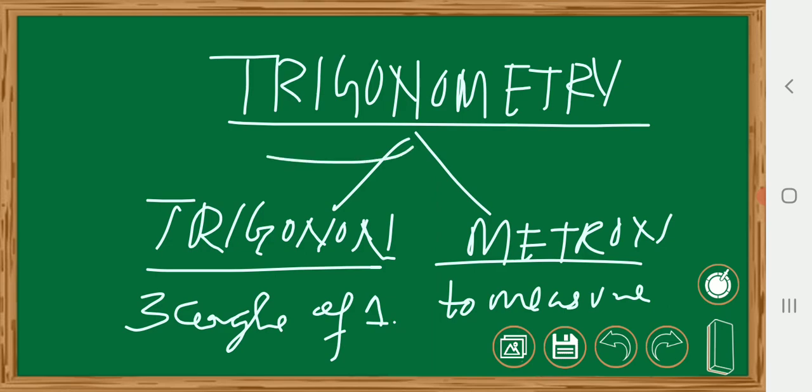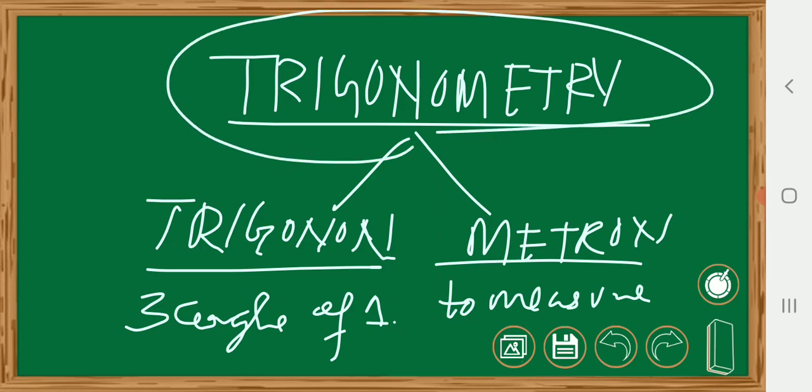So this is a very important branch of mathematics which deals with several concepts and several formulas also. Its applications: to measure height and distance. Trigonometry is used in two-dimensional geometry and three-dimensional geometry to solve various problems.